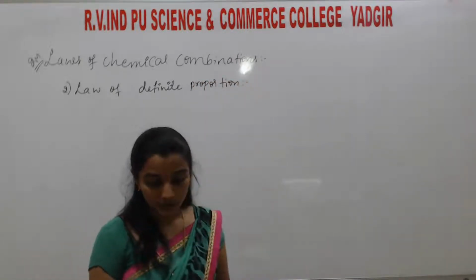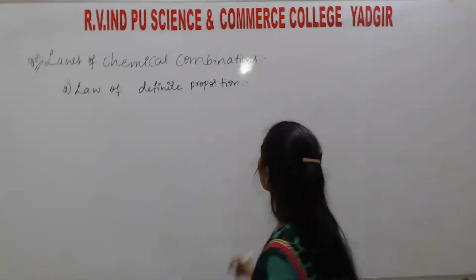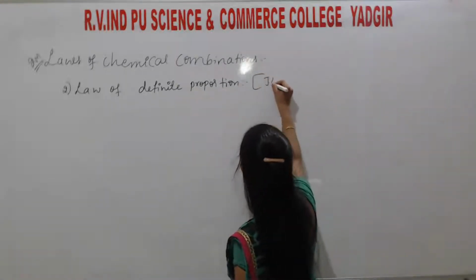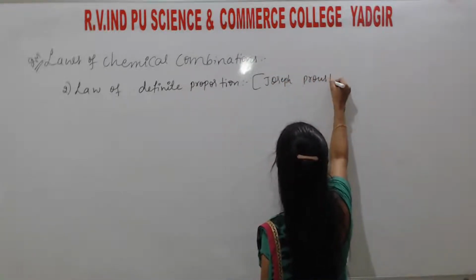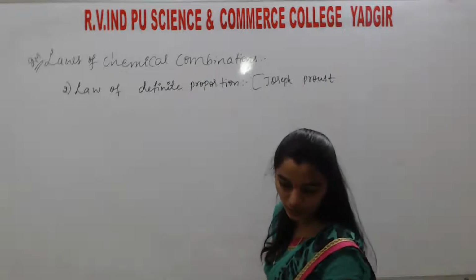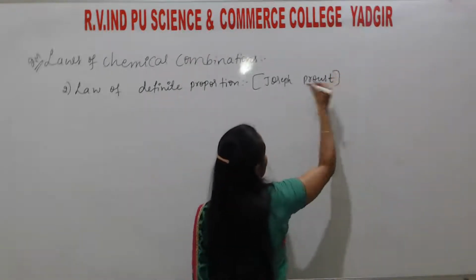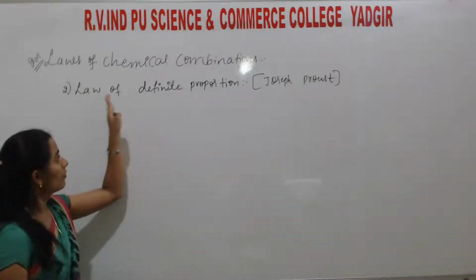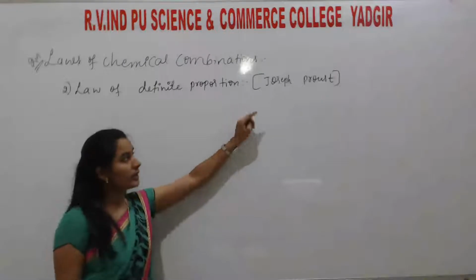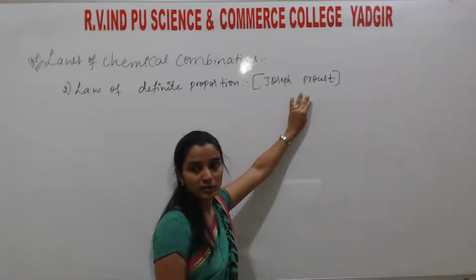Students, this law of definite proportion was proposed by Joseph Proust, a French chemist.